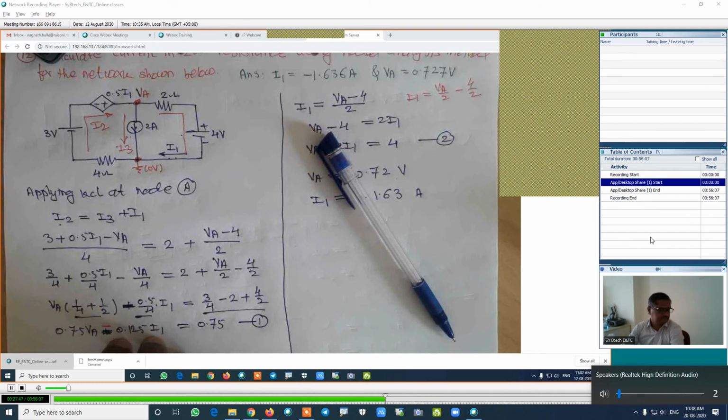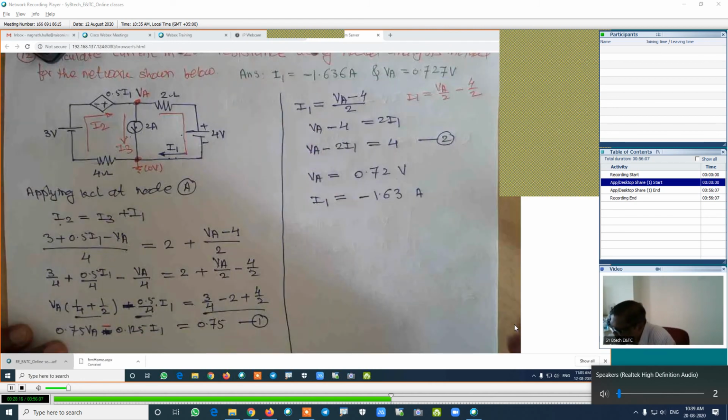In this particular case, now we will check. Now here in this case, this is the value of the current, which is minus 1.63, is it right?